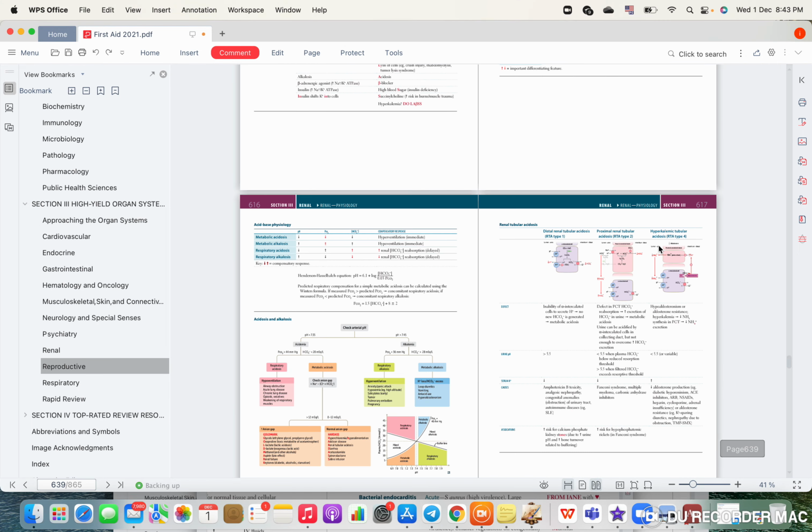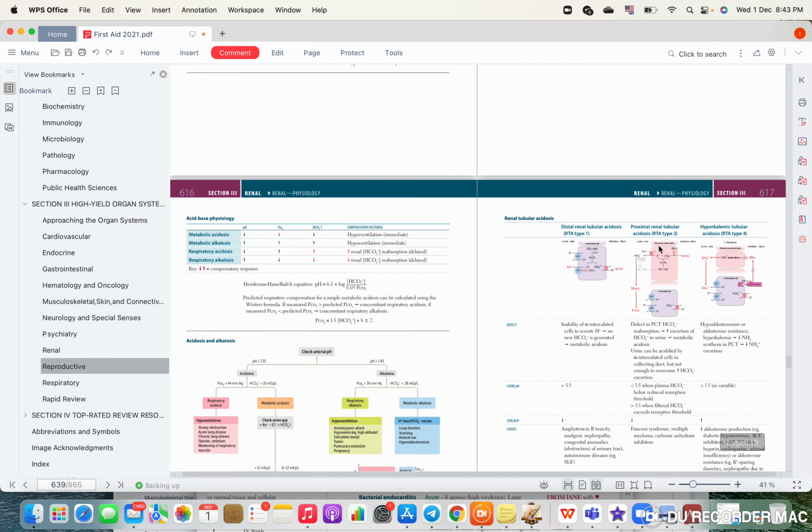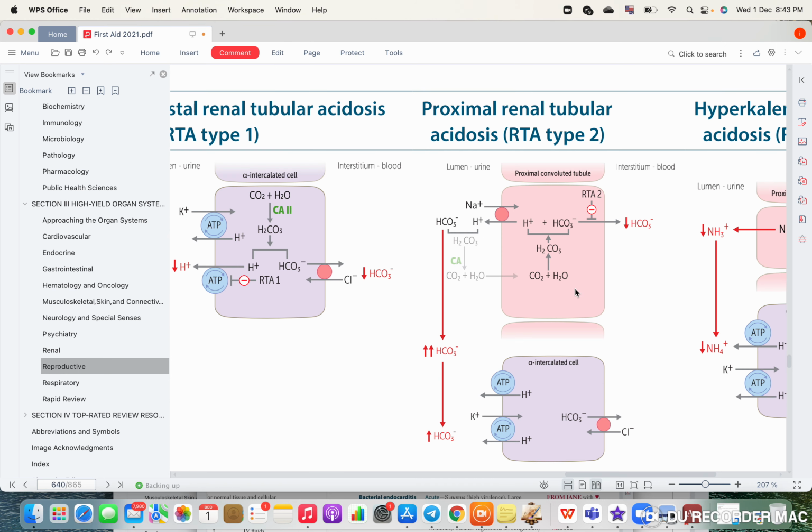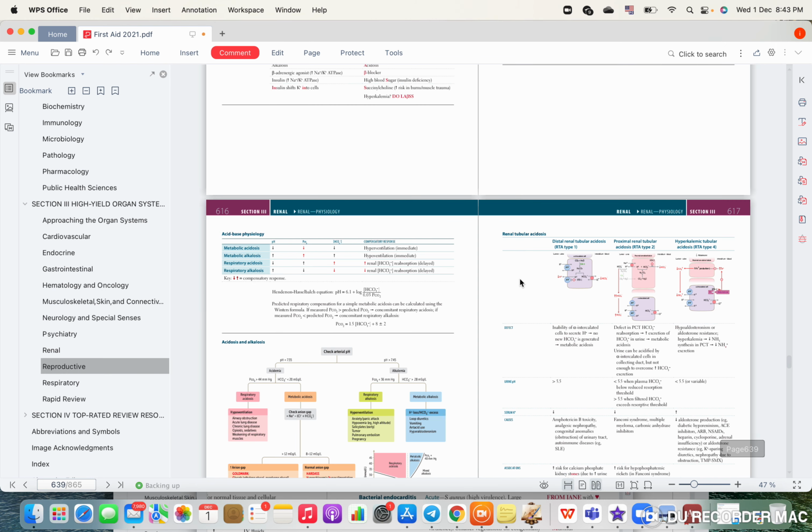It's basically type 2, guys. Remember, proximal renal tubular acidosis occurs in type 2, okay? Type 2, not type 1.